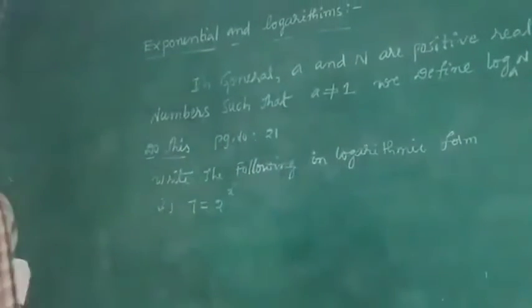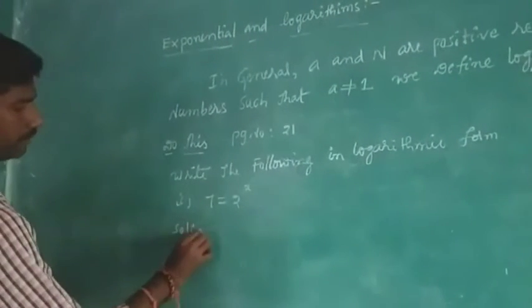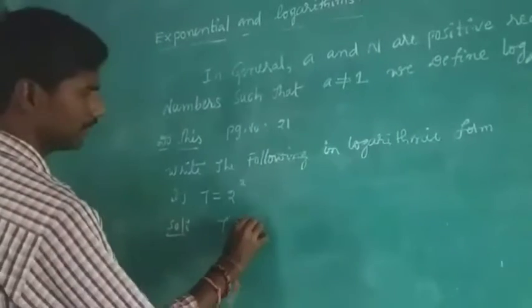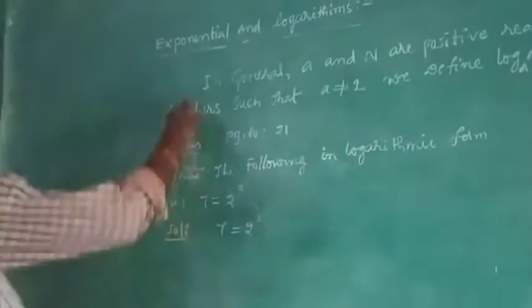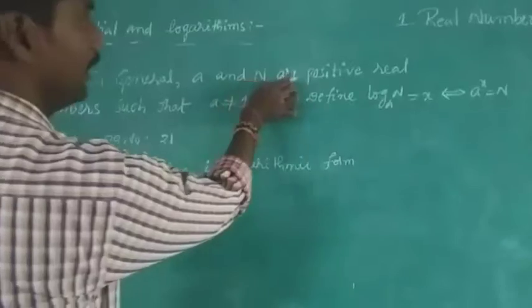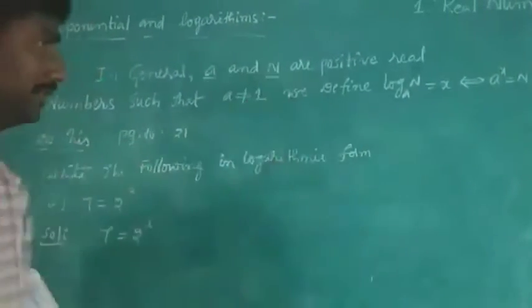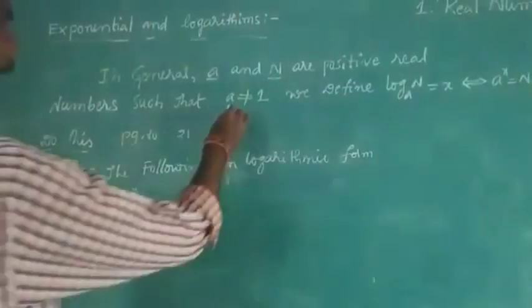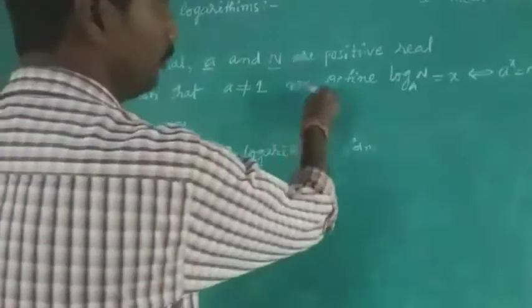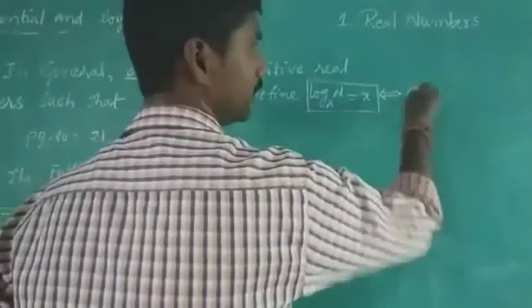This I would like to explain to you, so concentrate on it. Solution. What is given? 7 is equal to 2 to the power of x. Here you observe, in general a and N are positive real numbers, and a is not equal to 1. We define, if it is given in this form, we can write it in this way.